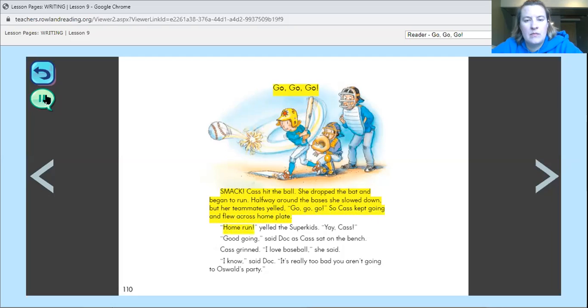"Home run!" yelled the Super Kids. "Yay, Cass!" "Good going," said Doc, as Cass sat on the bench. Cass grinned. "I love baseball," she said. "I know," said Doc. "It's really too bad you aren't going to Oswald's party."